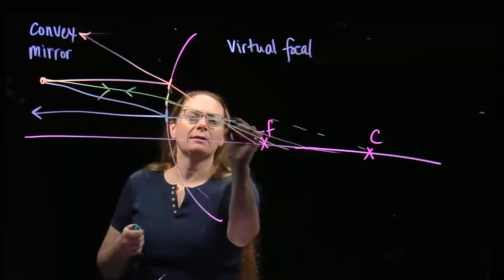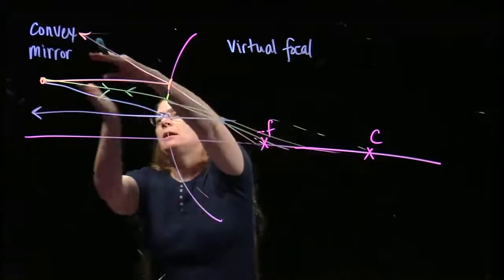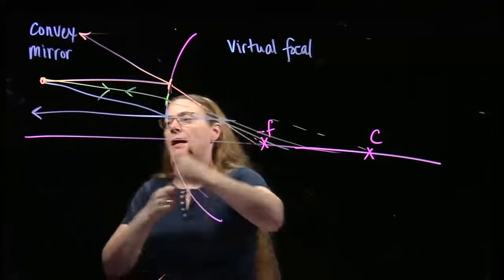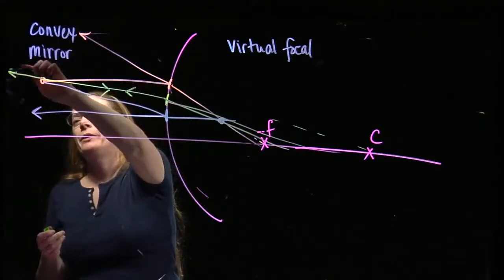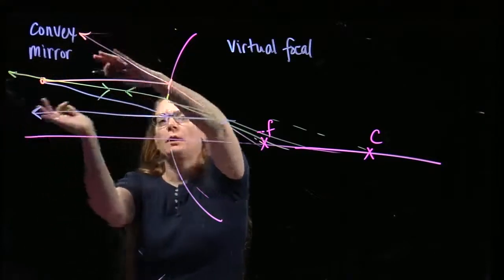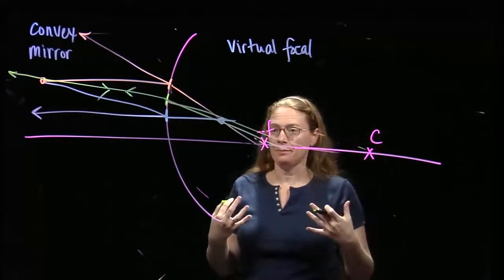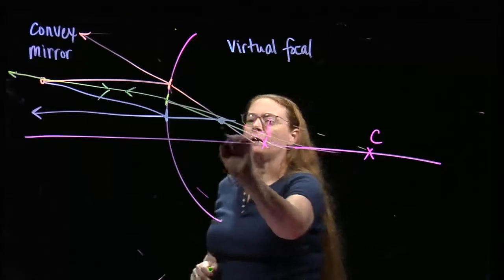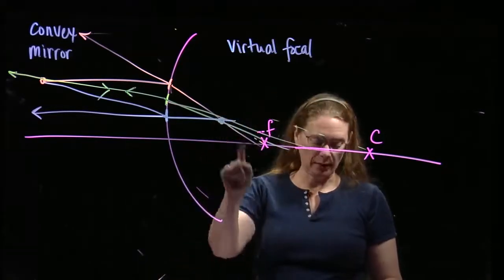It turns out that those three rays leave the mirror diverging, because that's what this mirror has to do. We got one there, one there, one there. They spread out. But if we could use our eye to trace them back, our eye would say, hey, all of those light rays come from this point right here.